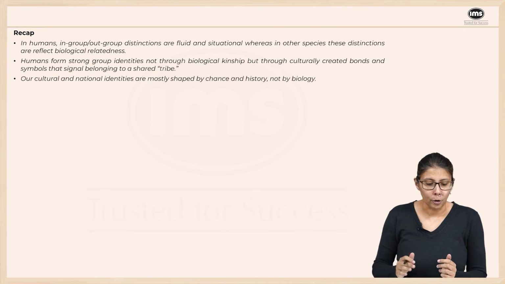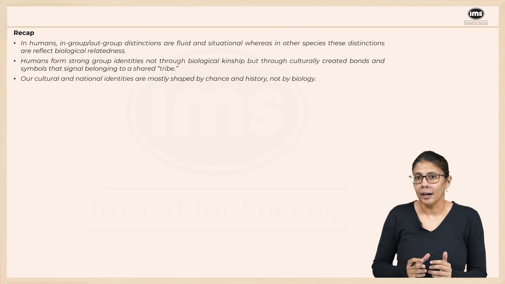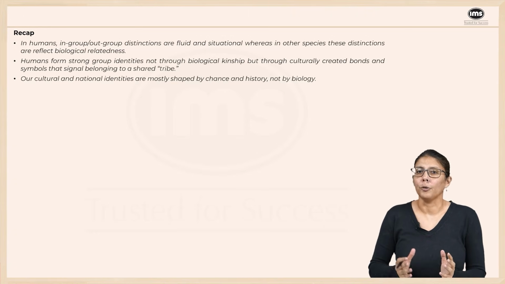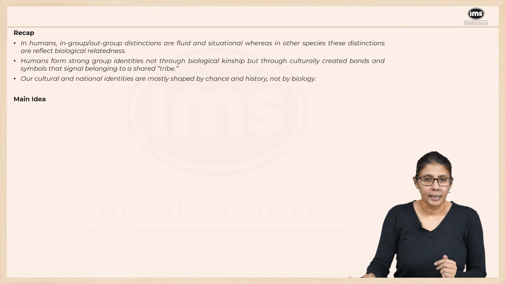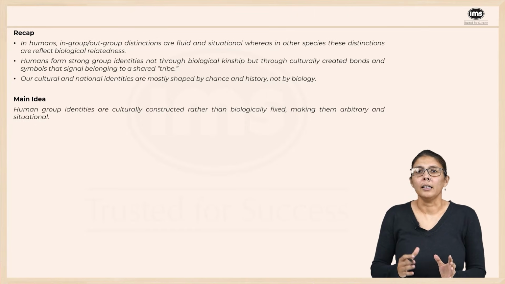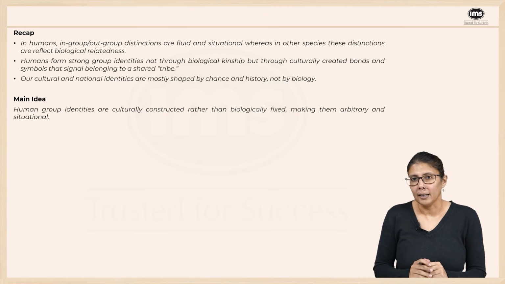And then finally, we talked about how our identities are shaped by very random events and history and not by biology. So ultimately, the argument that we are trying to make is that human kinship or human groups are culturally constructed rather than biologically constructed. So if you've understood that, you will get the answers to most of the questions. It's not a very difficult passage.